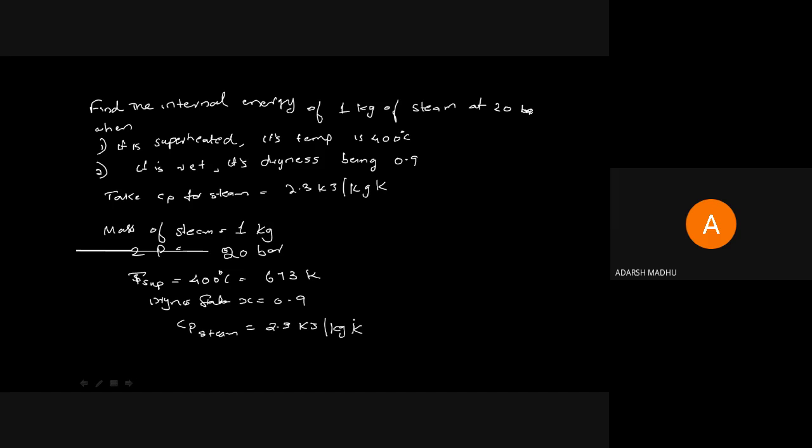Okay. So first condition, it is a superheat. Internal energy of 1 kilogram of superheated steam. So what is the internal energy equation for a superheated steam? Last problem we had taken that H is equal to U plus PV.